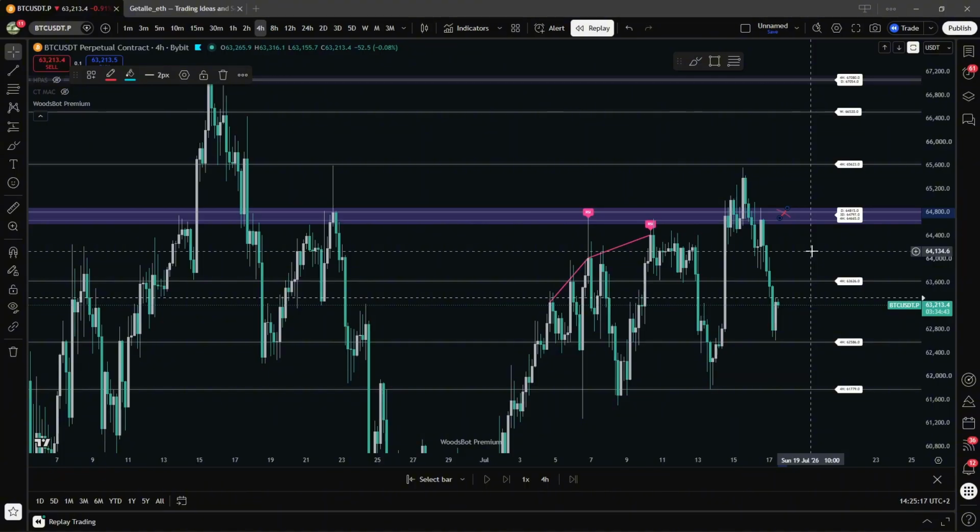Personally, I can highly recommend planning your trades on the 4-hour time frame, but executing your trades on the 30-minute time frame. If you use the 12-hour time frame, plan your trades on the 12-hour and execute on the 30-minute. If you use the daily, plan on the daily, but execute on the 1-hour.